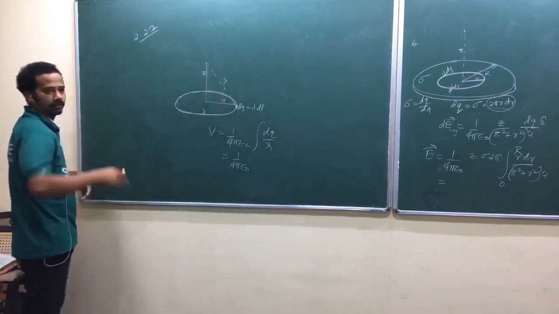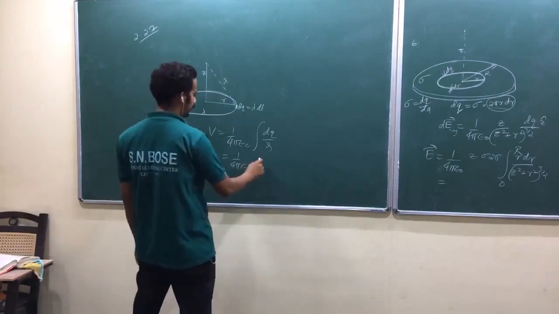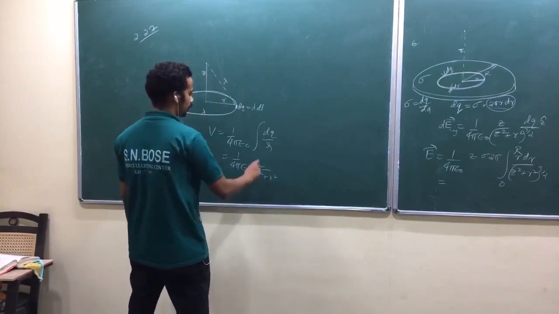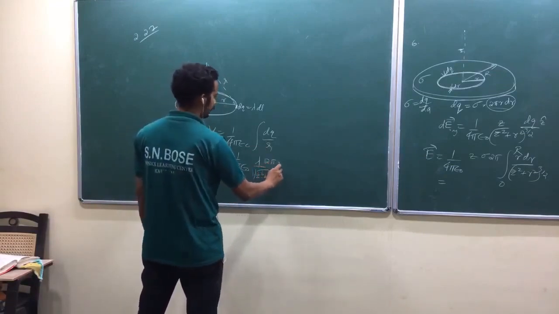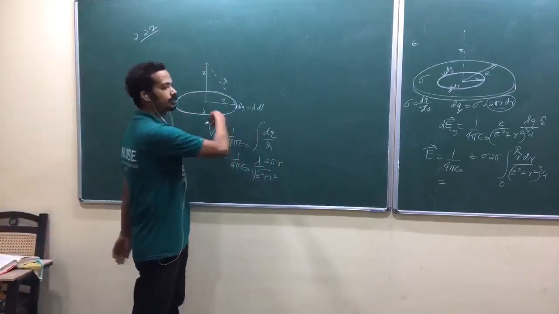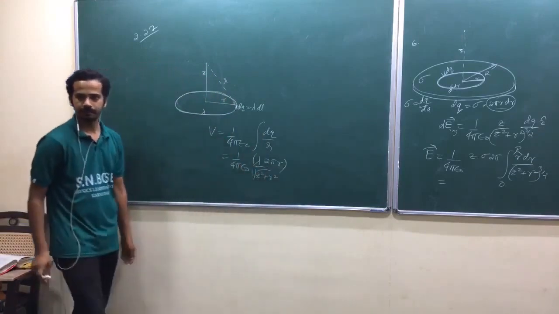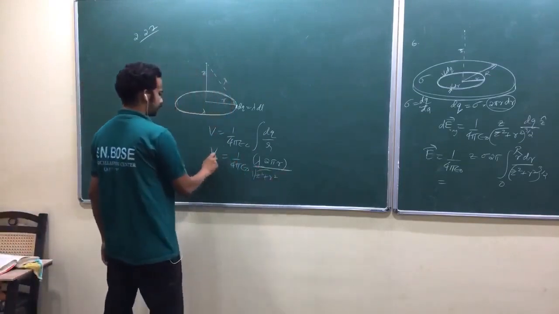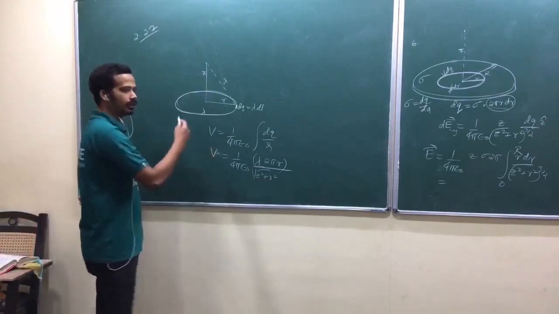When you run that dq, the magnitude of that italic r is constant. So it is 1 by root of z square plus r square, times the integral of dq, lambda dl, integral of dl is 2 pi r, isn't it? The integral of dq is the total charge on the ring. That's also true, isn't it? This is the potential at a distance z due to a ring.